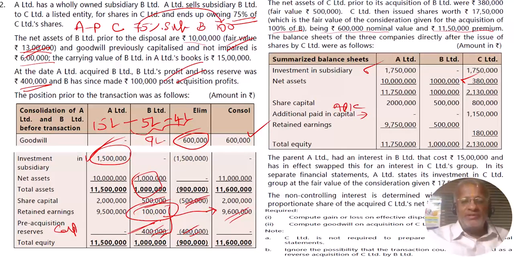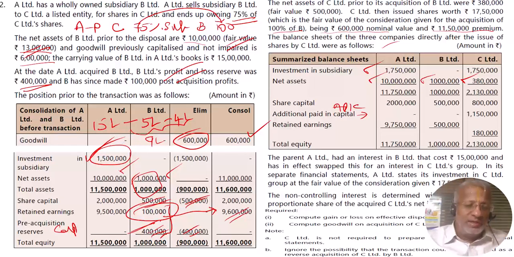The balance sheets of these three companies directly after the issue of shares were as follows. They have given you A Limited, previously it was 10 million, and the 10 million is appearing there, and net assets of B Limited at 1 million, that being 10 lakhs, appearing, and 3 lakh and 80,000 is the new piece of information.